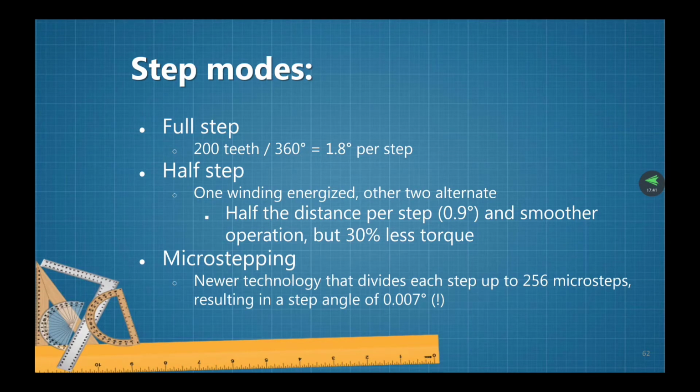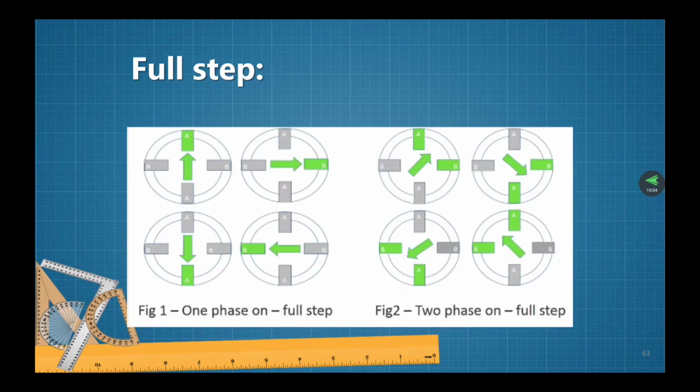For the half step, one winding is energized, the other alternates. Half of the distance per step is 0.9 degrees, and it gives smoother operation, but 30% less torque.